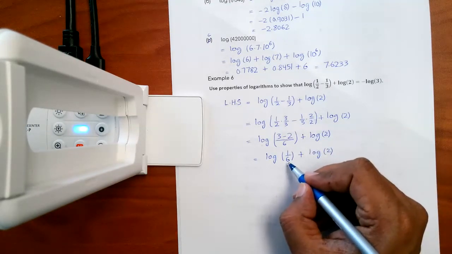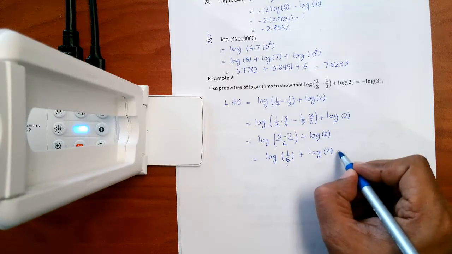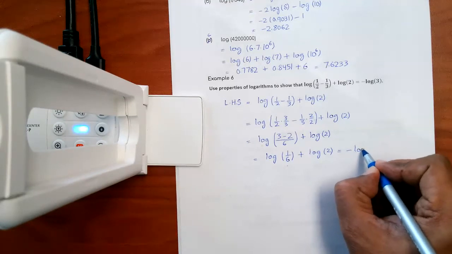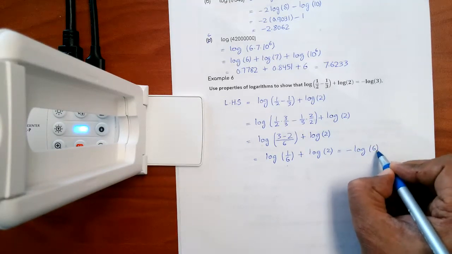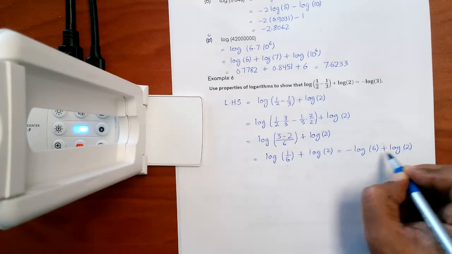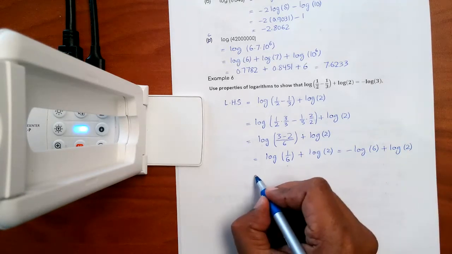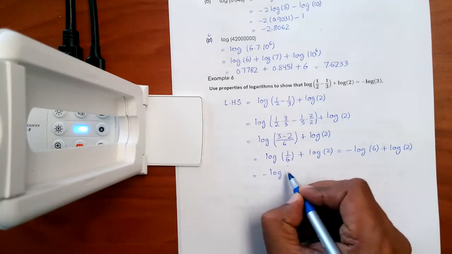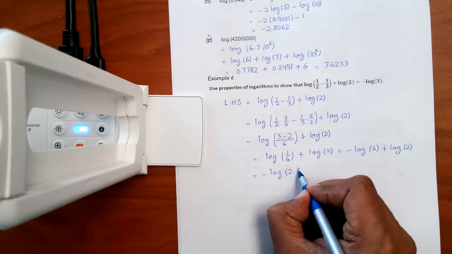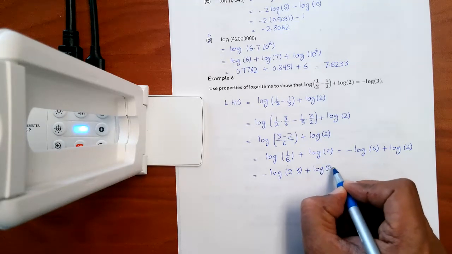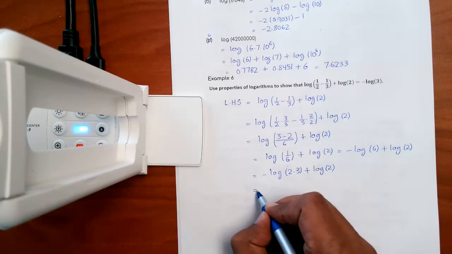Now this 1 over 6, we can bring it up. So we will only have a negative sign coming out, and it's going to be log of 6 plus log of 2. And this log of 6 is basically 2 times 3. So negative log of 2 multiplied with 3 plus log of 2. So this we can again separate.